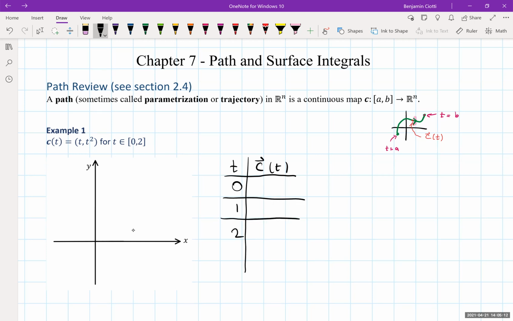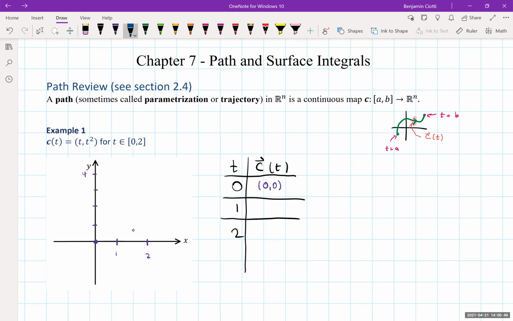Plugging in t equals 0 to the equation of the path, I get the point 0, 0, which is at the origin.